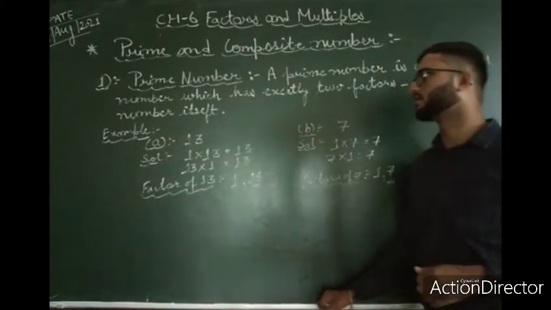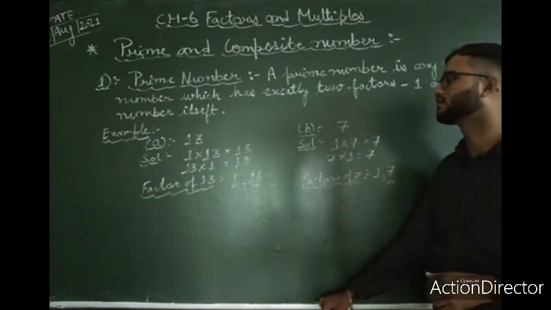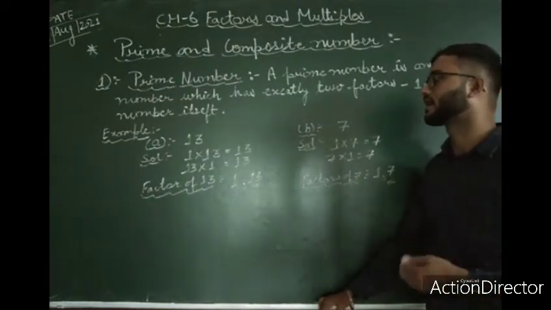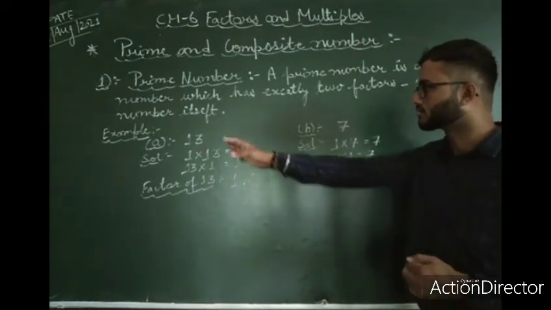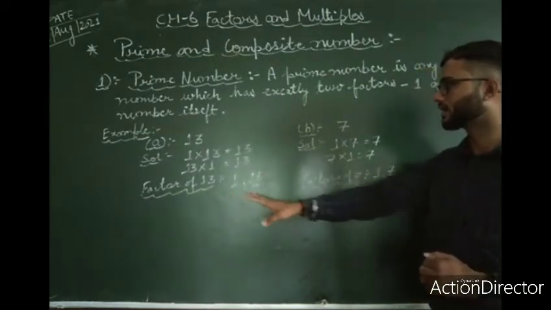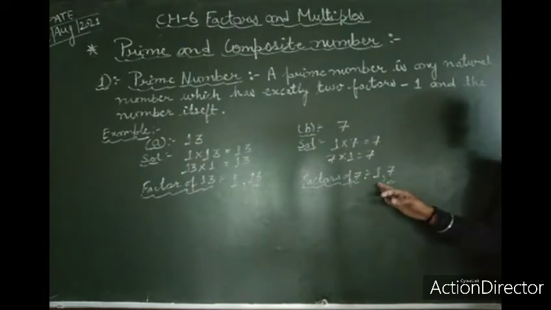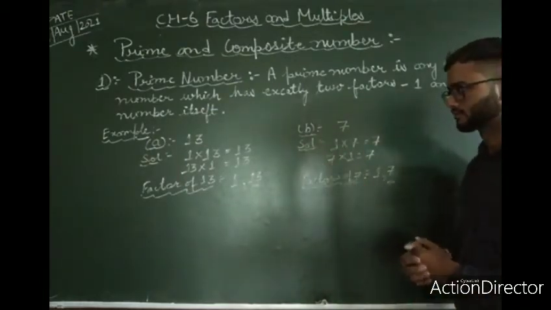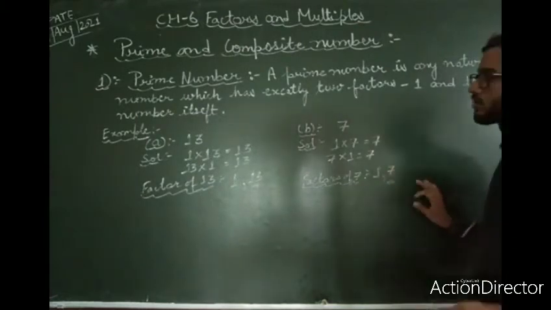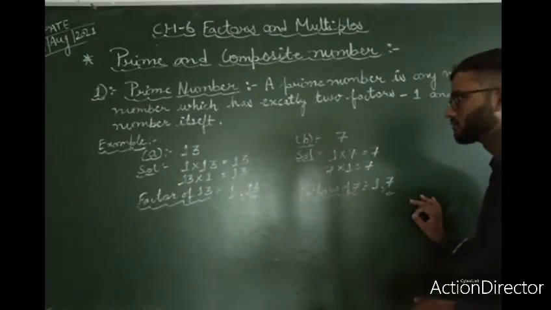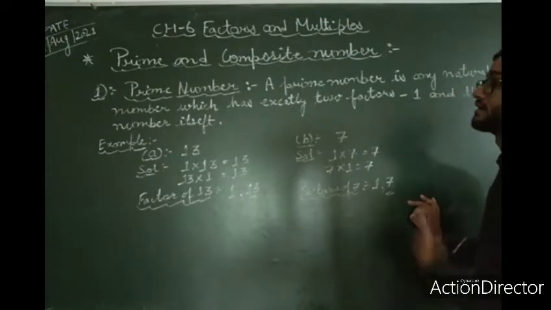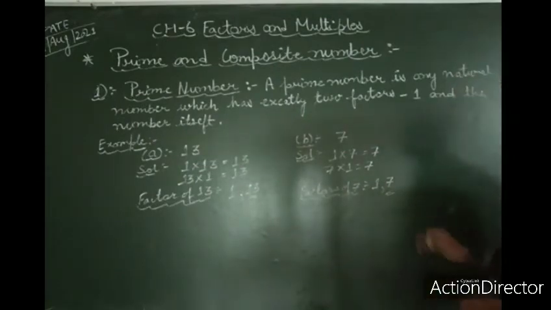Prime numbers are natural numbers having two factors only, like 13 and 7. 13 has only two factors, 1 and 13, and 7 has only two factors, 1 and 7. So we say these numbers are prime. There are lots of other examples of prime numbers, like 11, 17, 19.